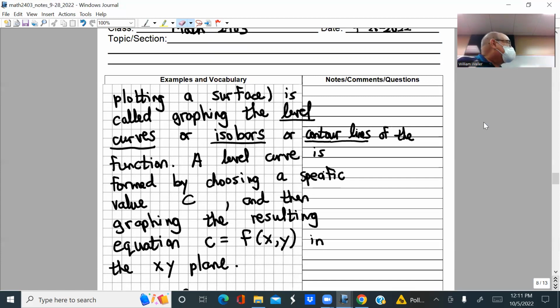When you do that, you no longer have a function of three variables, because z is set as a constant.